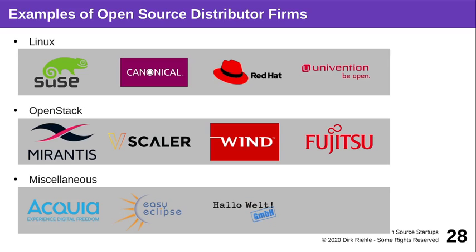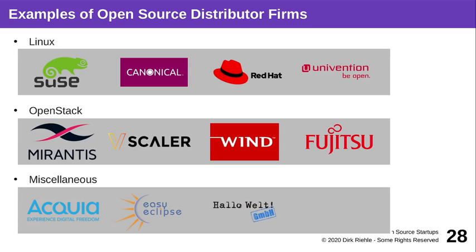Distributors are different from single vendor open source firms, because there are a large number of very different single vendor open source firms, but the number and type of open source distributor firms is much smaller. Most notably, when people hear distributor, they will always think Linux distributors because that's the biggest part.